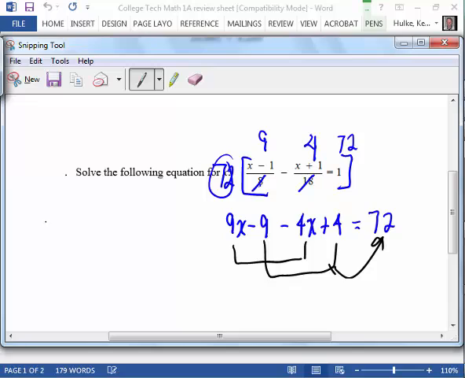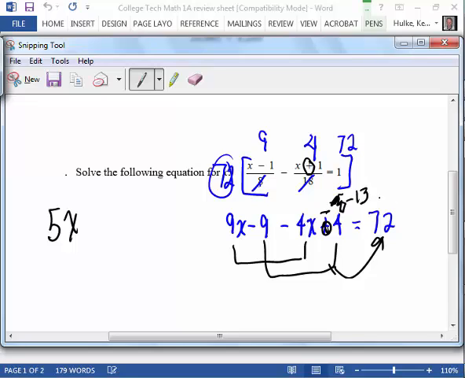So we get 9x minus 4x is 5x. Negative 9 plus 4 is negative 5. On this side, oops, let's go back here. I missed a sign. This should be minus. Negative 9 minus 4 is negative 13.